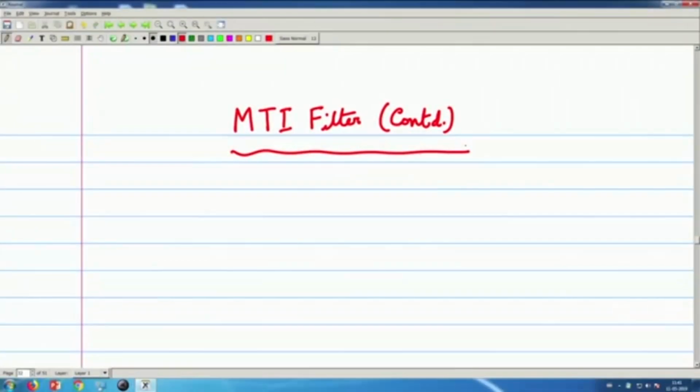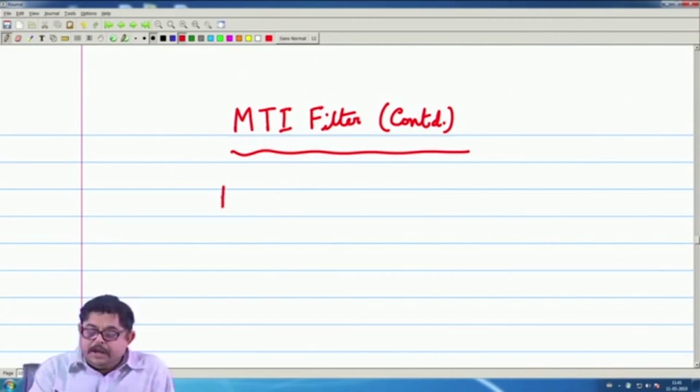Now, the question is how to choose the number of stages. For that we can see the average power gain for an n stage DLC.